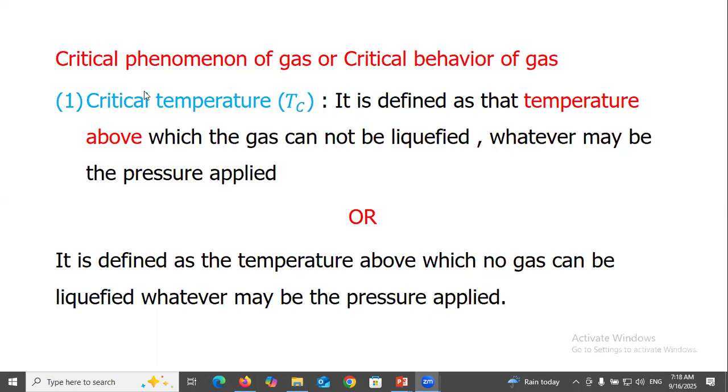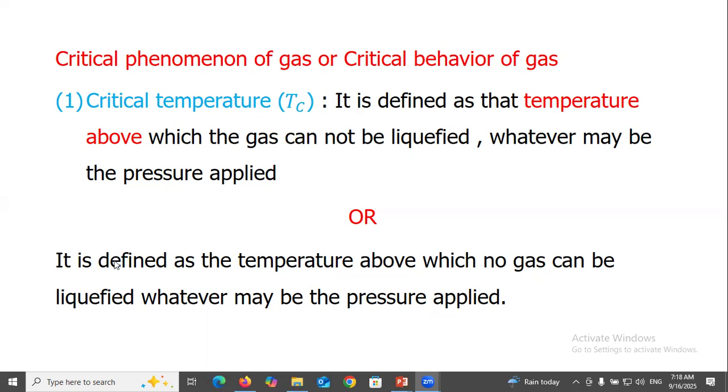Critical phenomenon of gas, or critical behavior of gas. Critical temperature Tc is defined as that temperature above which the gas cannot be liquefied, whatever may be the pressure applied.